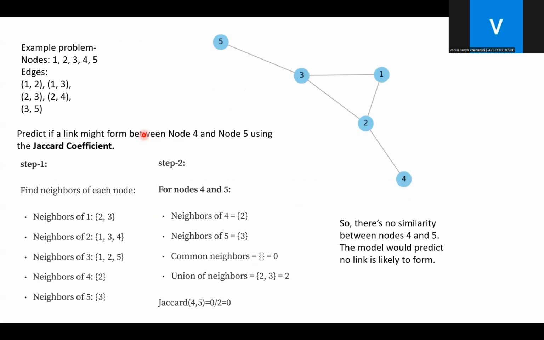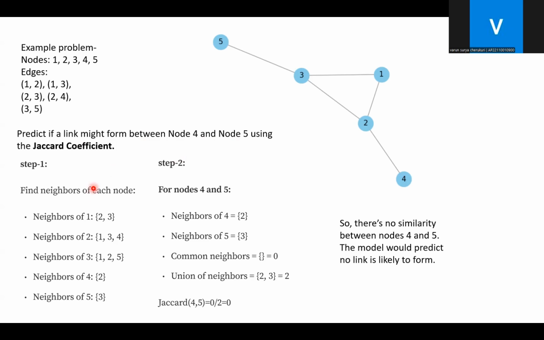Let's solve an example using the Jaccard coefficient. Given four nodes with these edges, we have drawn this graph based on these edges, and we have to predict whether a link might form between node 4 and node 5 using the Jaccard coefficient.